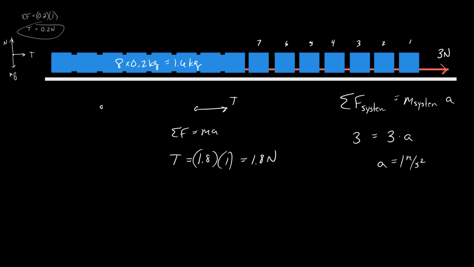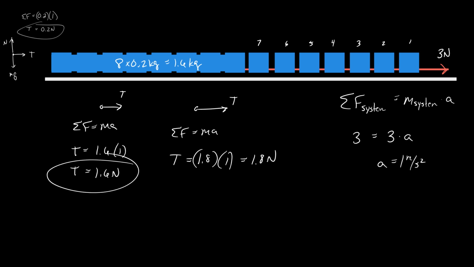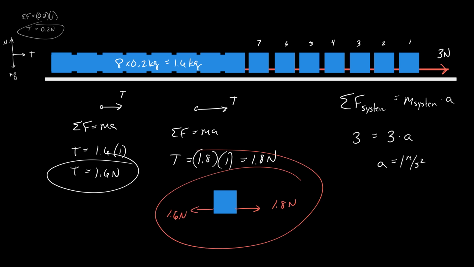So the tension that acts on those rear cars, net force equals MA, tension equals 1.6 times 1, or 1.6 newtons. So car number 7 has a tension this way of 1.8 newtons and a tension this way of 1.6 newtons.